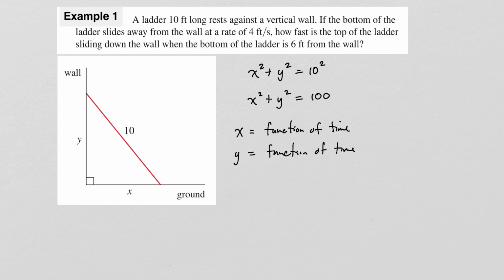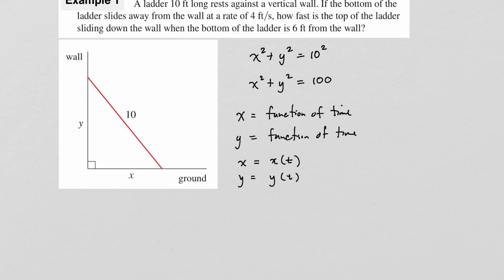So if you allow me just for a minute, I'm going to say x can really be renamed as x of t. I'm just saying that x is a function of time, and we can call y of t.